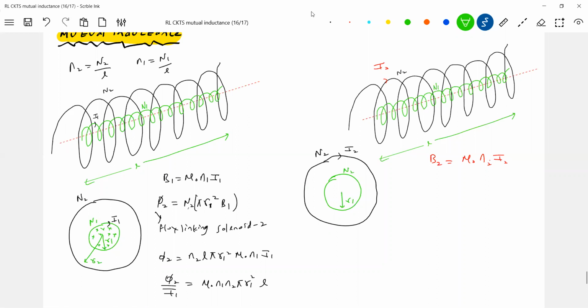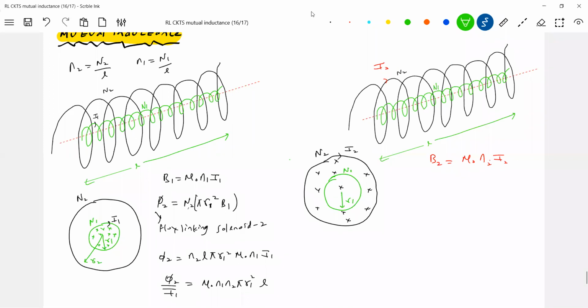Where will it be? Throughout, no? Everywhere here. It will be present inside the solenoid and also external to the solenoid. Some amount of flux will be there inside solenoid 1 and also external to solenoid 1. But here there should not be any field. Am I right?